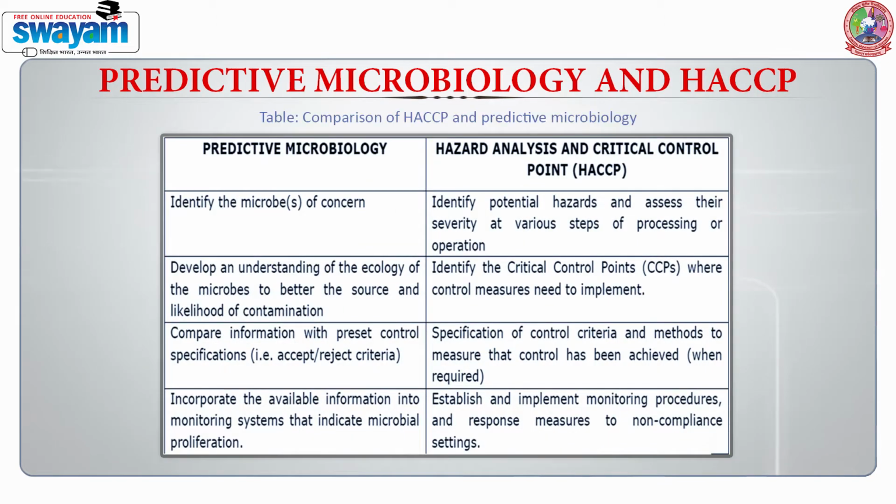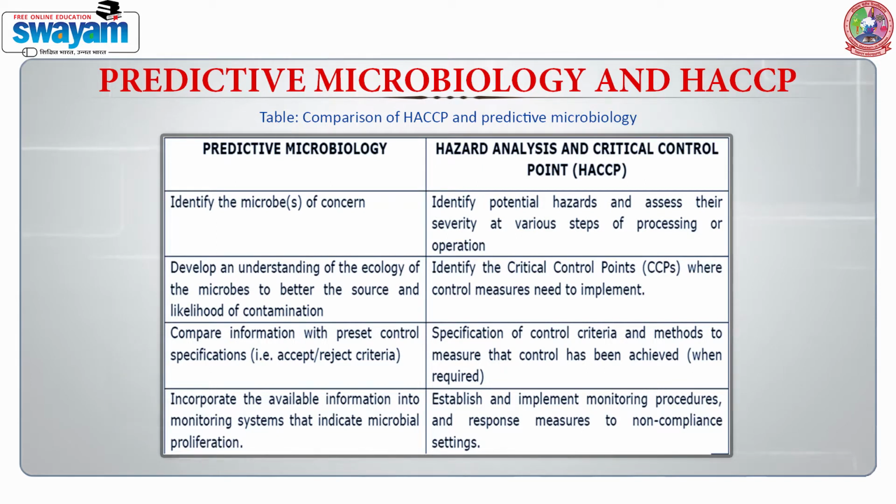Predictive microbiology is strongly interlinked with HACCP because HACCP is a system which predicts the potential food safety problems, and we can simulate those models in the predictive microbiology, and we can always see that the levels should be kept within the control, and it will also help us in risk assessment and predicting the shelf life.